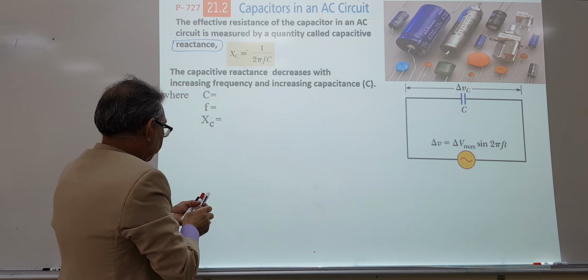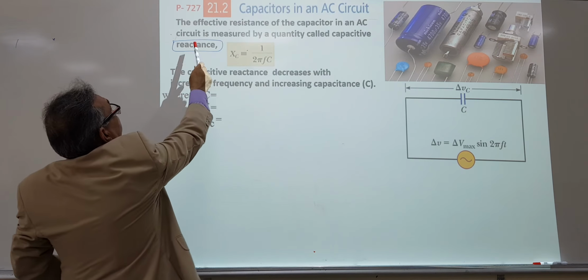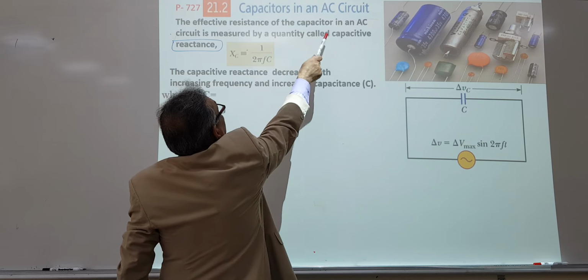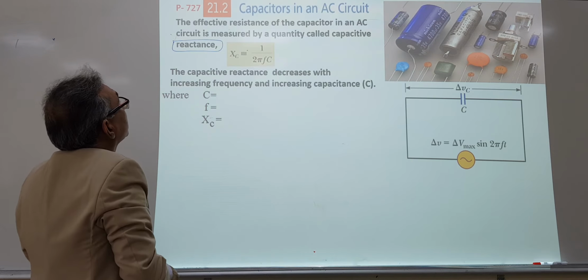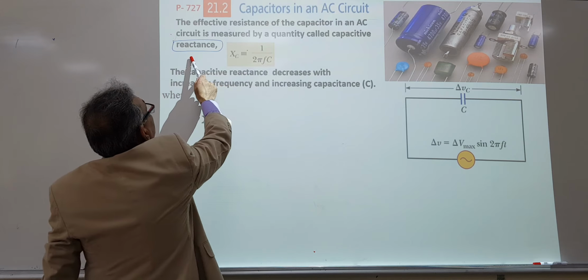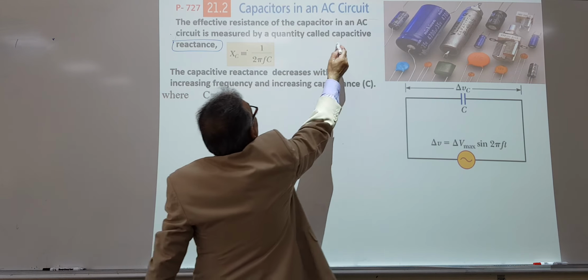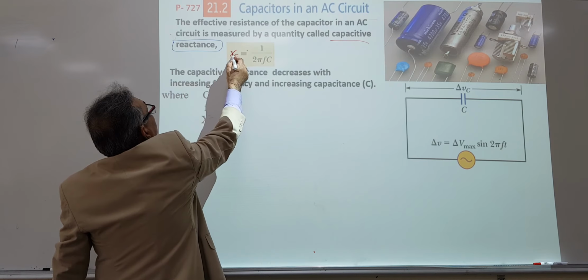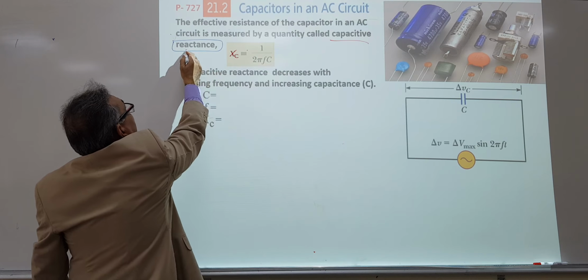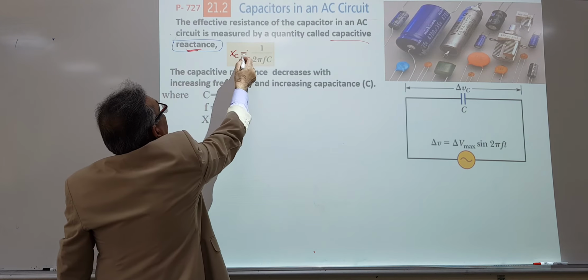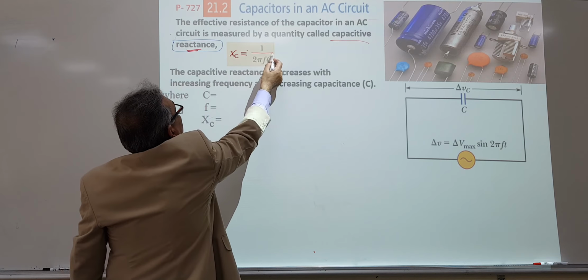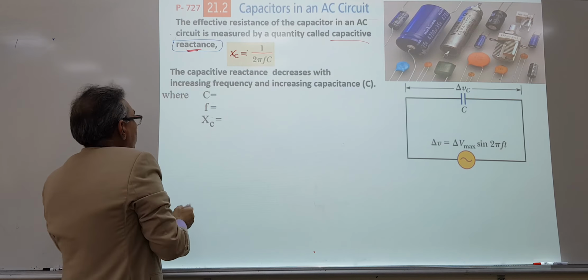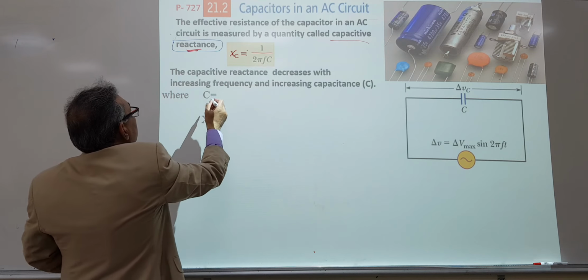Please keep in mind, the effective resistance of the capacitor in an alternating current circuit is measured by a quantity called capacitive reactance. C for capacitive, X is the symbol for reactance. So the rule is Xc = 1 divided by 2 pi f C. What is C?